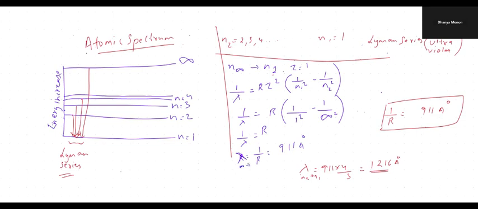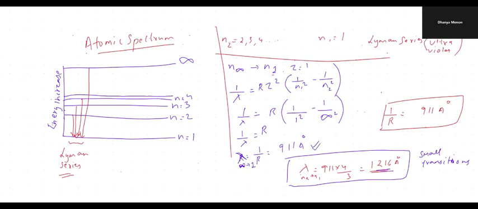So you can see, students, the value of lambda is more for small transitions. Small transitions mean N2 to N1, N3 to N1, N4 to N1; all those transitions are small transitions, and the value of lambda is more. But when the transitions are big, for example infinity to N1, the wavelengths are smaller.